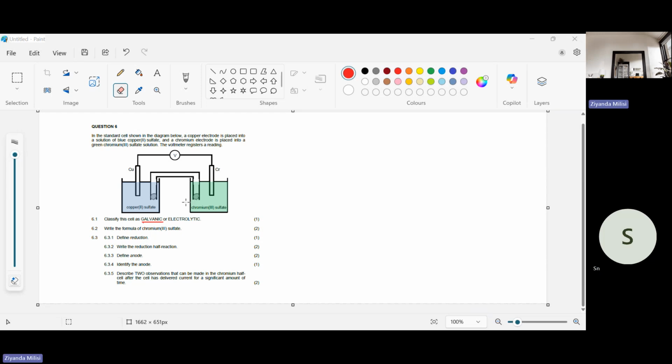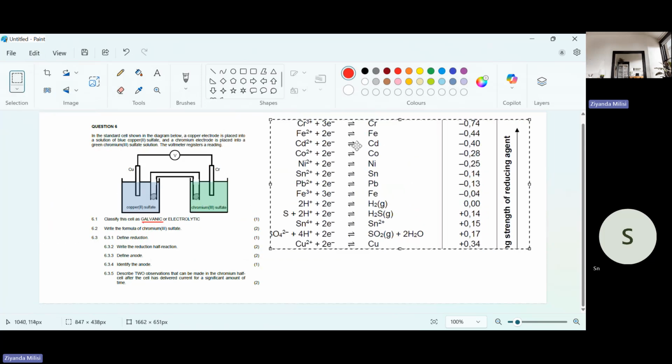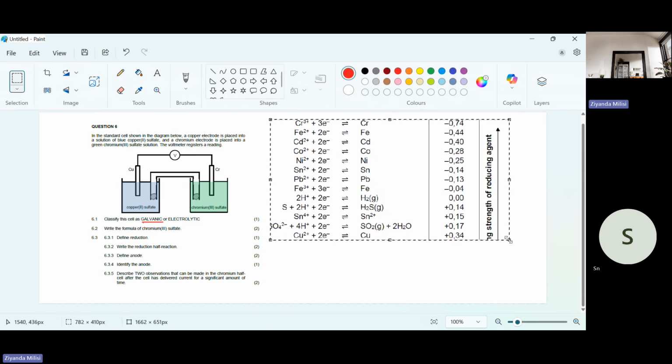Where is copper now? I can't find Cu on this table. Cu, if I'm not mistaken, was on the top. Oh, at the bottom. So it's Cu2. I found it. I thought it was going to be at the top. All right. So there we are.